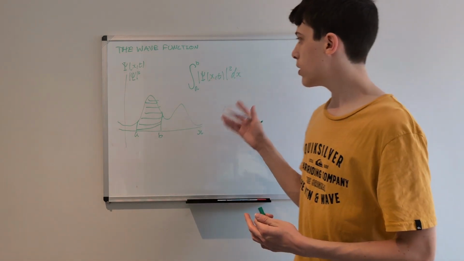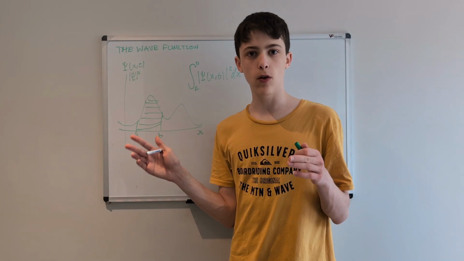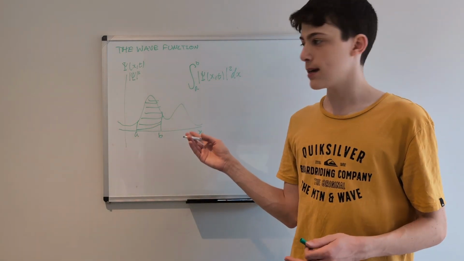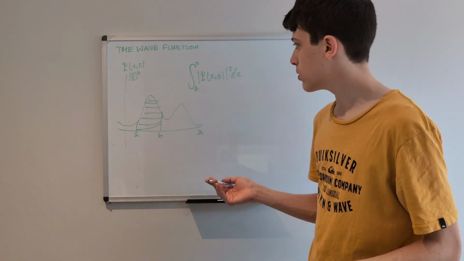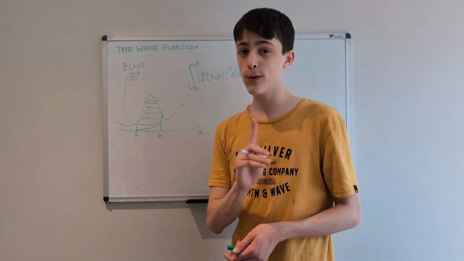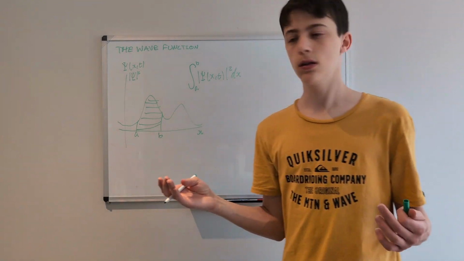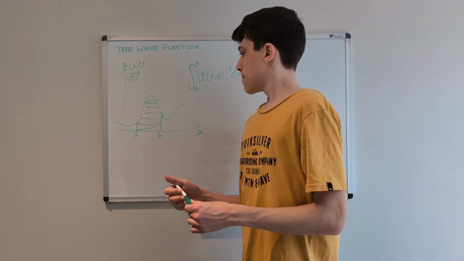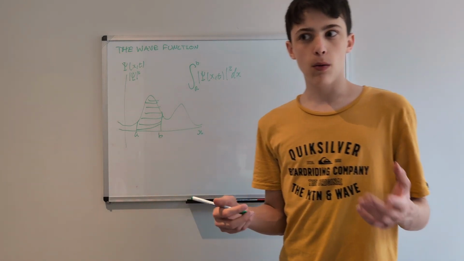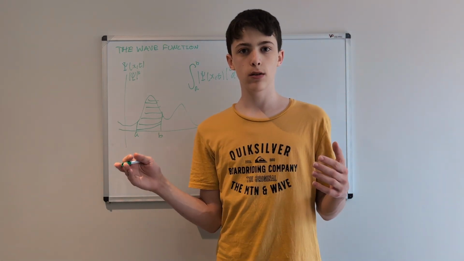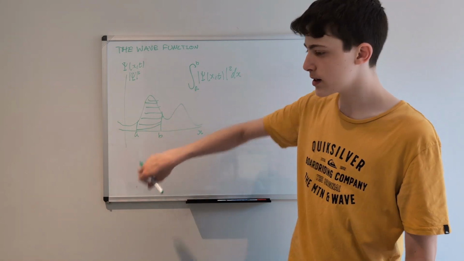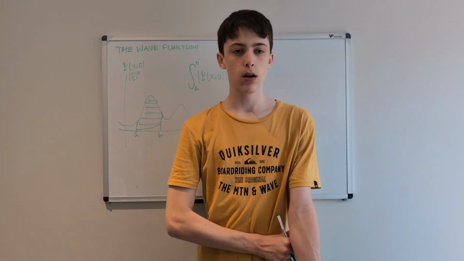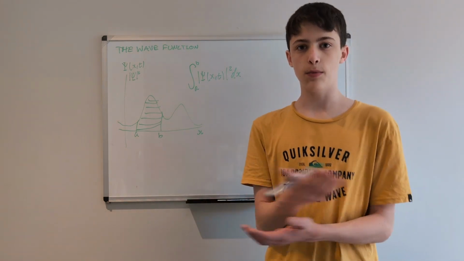And this is one of the most fundamental concepts of quantum mechanics. This is called Born's statistical interpretation. Okay, so there's another thing we need to know before we can move on. If you've done any probability with continuous graphs, you will know that the area under a continuous probability graph is always 1, because the probability always adds up to 1.